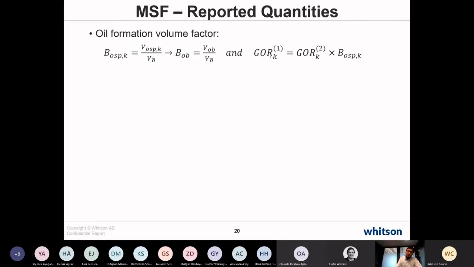And we can also show that if the lab has reported only one GOR, for example only GOR2, you can calculate GOR1 using GOR2 and the oil formation volume factor from the experiment.